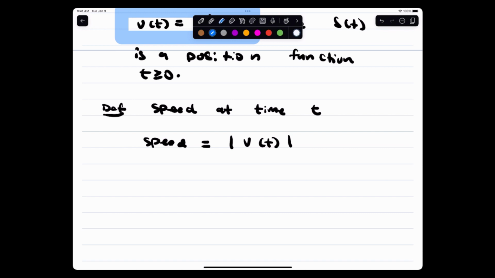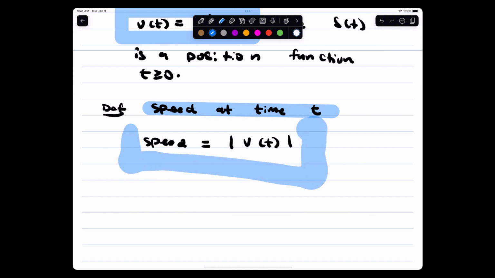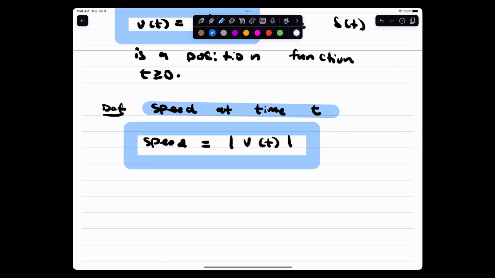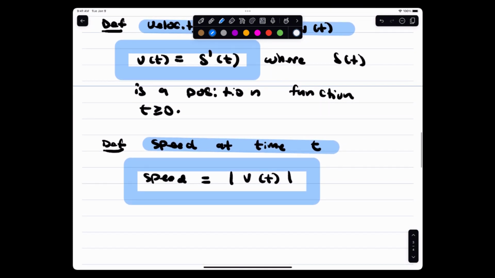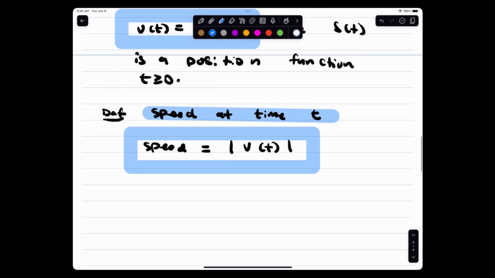So speed is the absolute value. You've got the velocity function, which is s prime of t, and you've got speed, the absolute value of that.